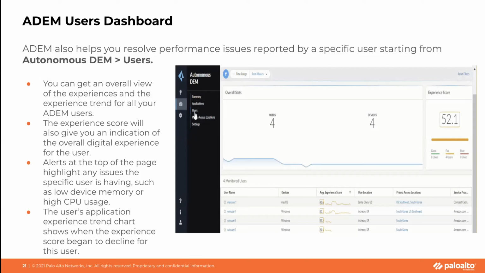This is completely a user-centric dashboard on the ADEM portal, which shows you the individual and overall experience scores for all the mobile users, the remote networks, or all your Prisma Access deployment. By clicking into each user, it opens up the dashboard, which gives you more granular information about the application and network segment performance insights for a specific user.